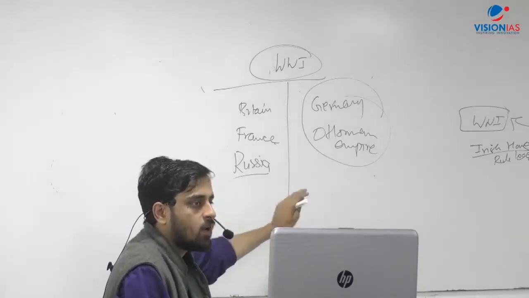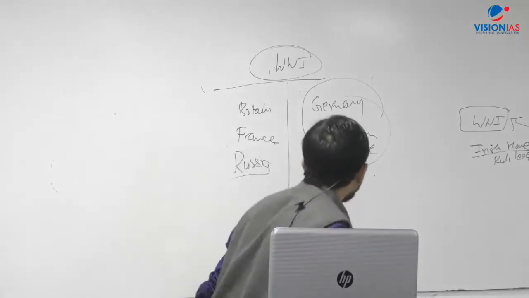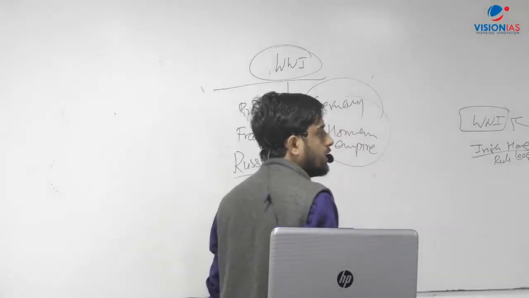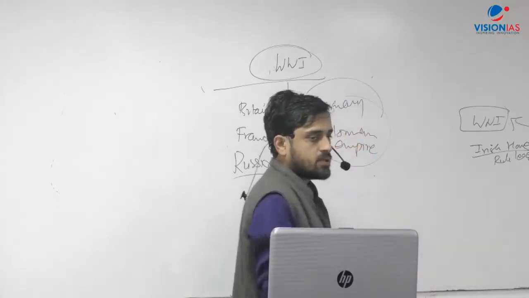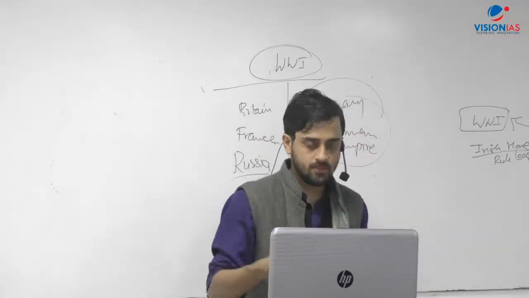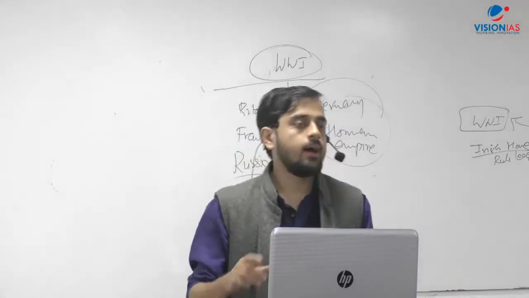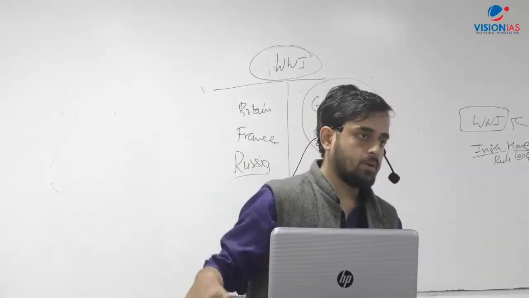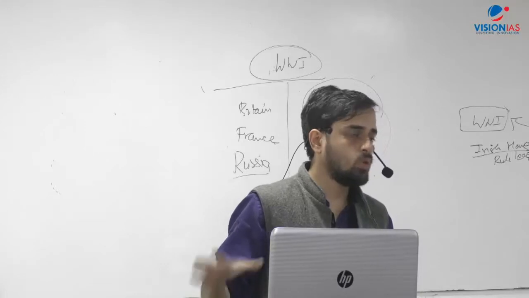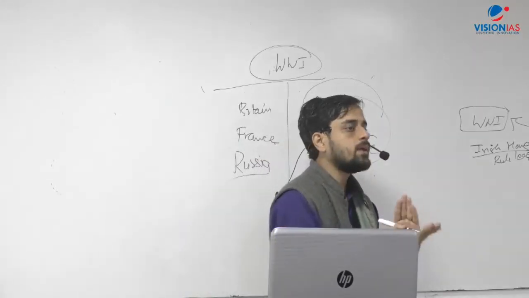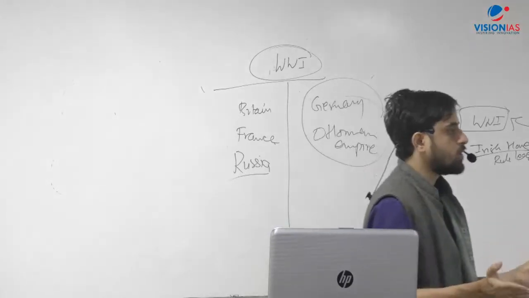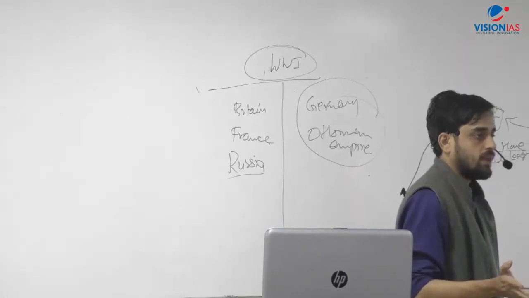But after the Ottoman Empire was defeated, the British and the French decided to, I don't have a map, but why I'm telling you this is because it helps you understand a lot of things at once. If you see the map, one of the things you will find is that the whole of West Asia was sought to be divided into two parts, under the indirect spheres of influence or control of the British and the French.